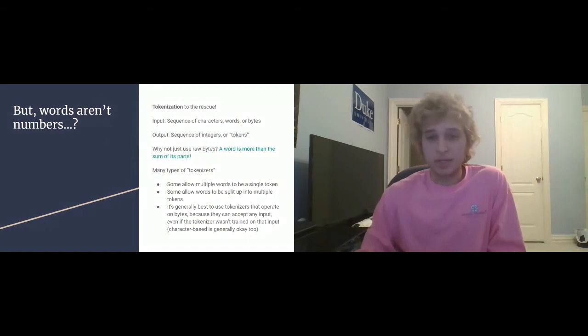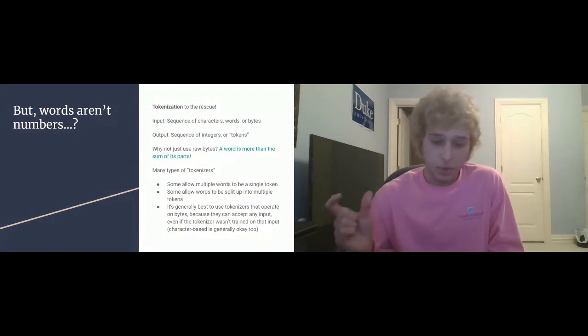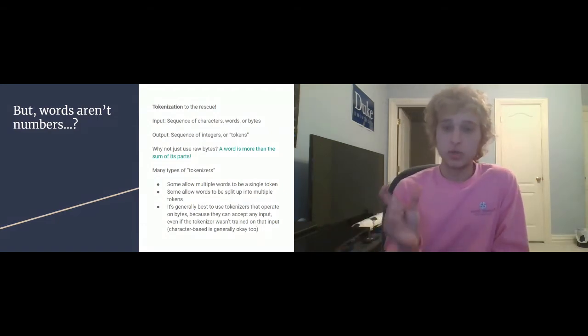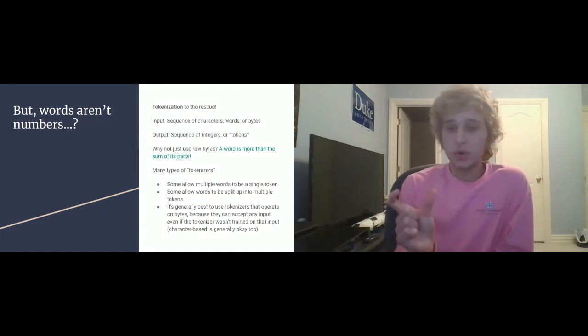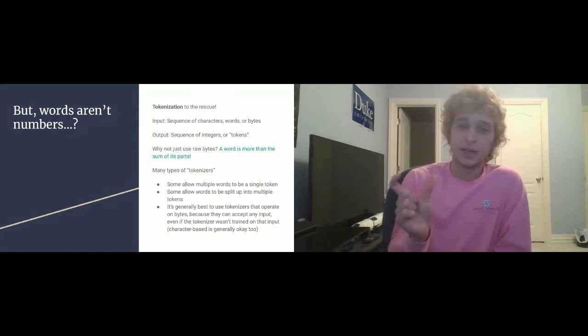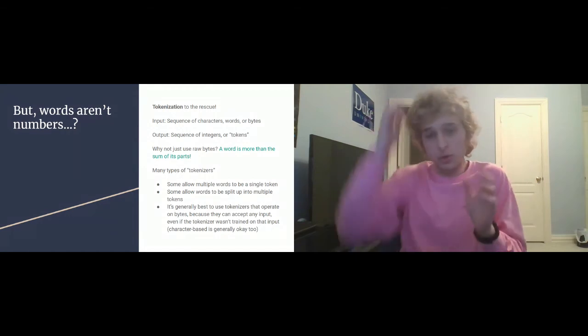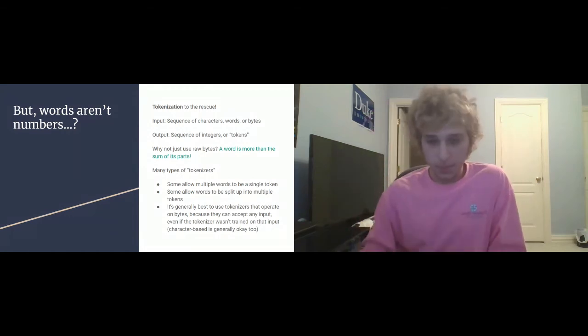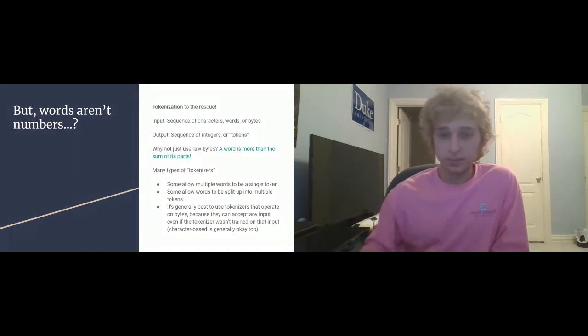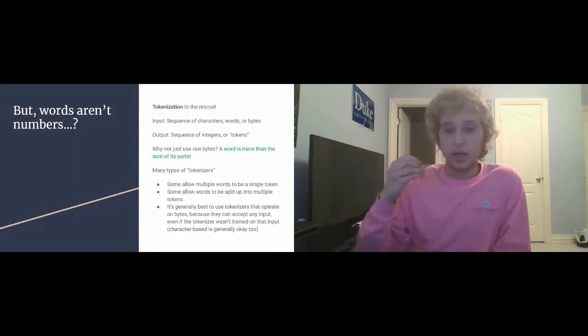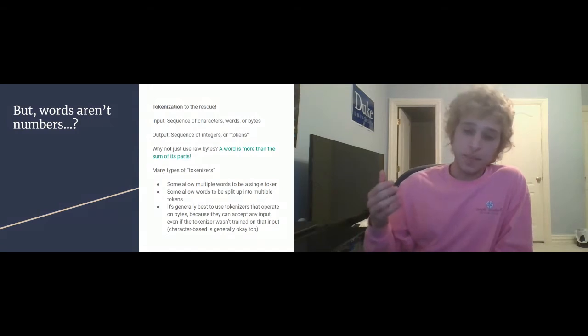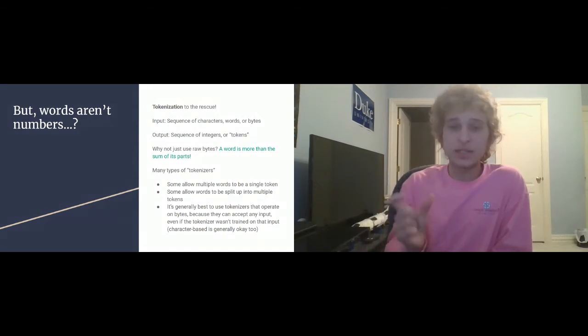One example of this is this first bullet point here. Some tokenizers allow multiple words to be a single token. For this example, you can imagine the phrase New York, right? The phrase New York has a much more specific meaning than the words New and York by themselves. New York is its own entity, basically. And so with tokenization, you can learn specific entities that show up often.